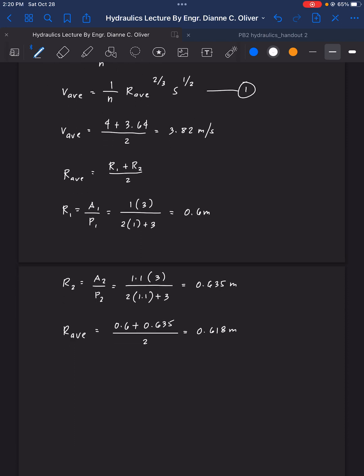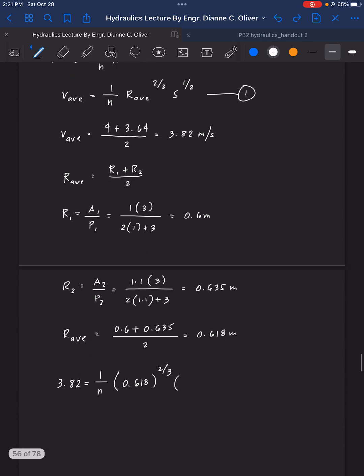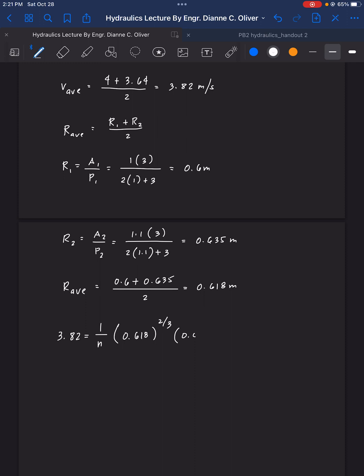So substitute all these values into this formula. V average here is 3.82 equals 1 over n, since we're looking for the value of n, times the R average of 0.618 raised to 2/3, times the slope of 0.008 raised to 1/2.